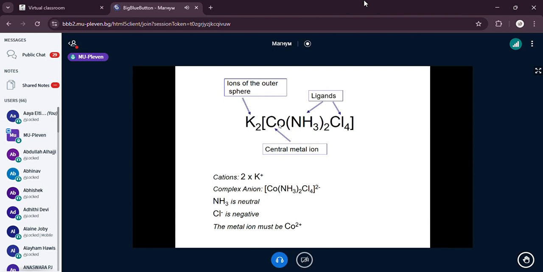In this way, you can calculate the charge of the ion, the coordination number, the oxidation number of central metal ion. What is the coordination number now of cobalt in this example? No, not 4. 6 is better.